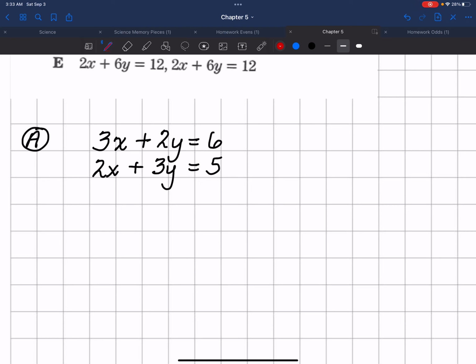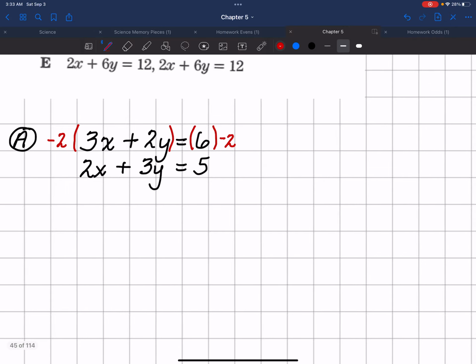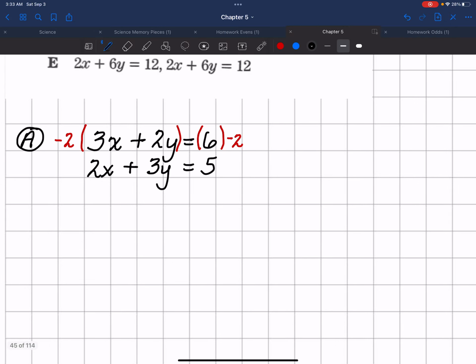So if I multiply this first equation by -2, let's see what I come up with. So I have -6x minus 4y equals -12.